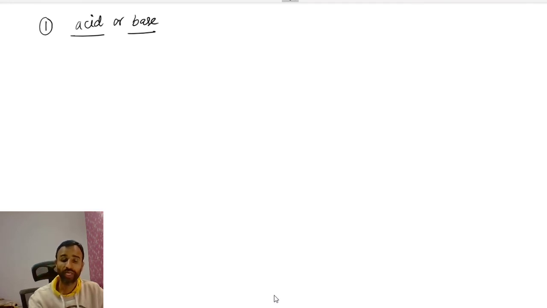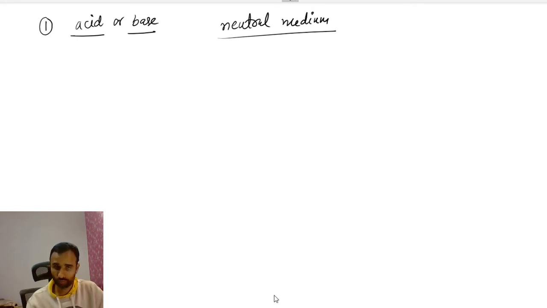So to make it cost effective, even in neutral medium, if medium is neutral, there is a production of base. So base is formed in the reaction itself, so there is no need to add acid or base. Okay, we keep the medium neutral.